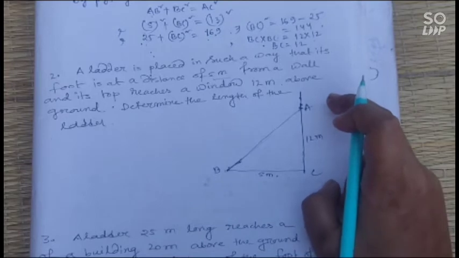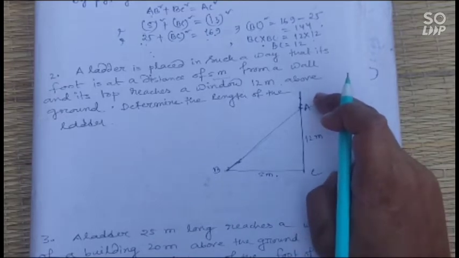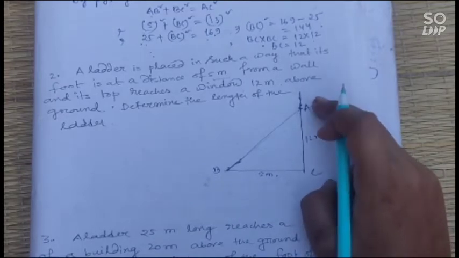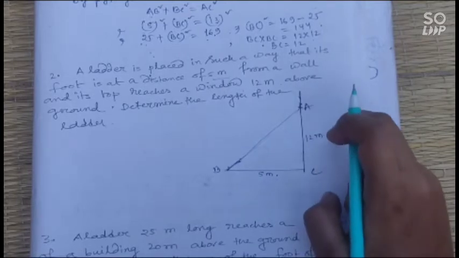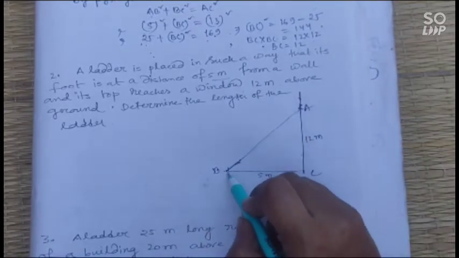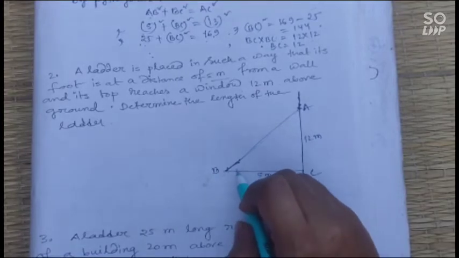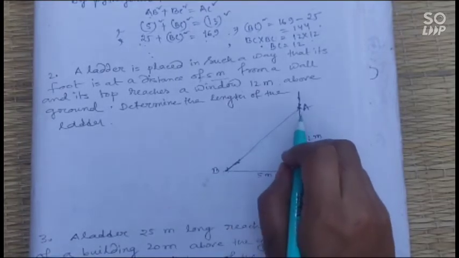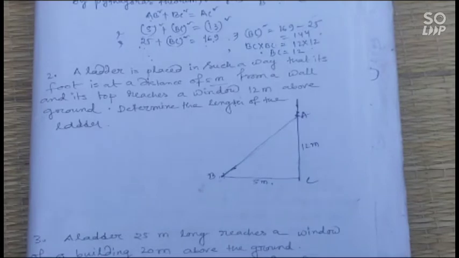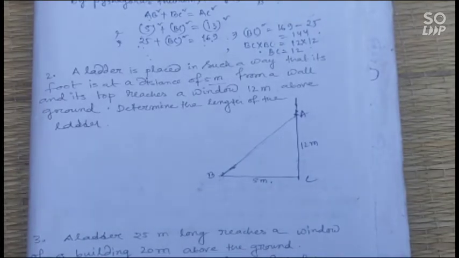Suppose AB is the ladder and AC is the distance of the window from the ground, that is equal to 12 meter. You have to find the length of the ladder, that is, the length of AB.